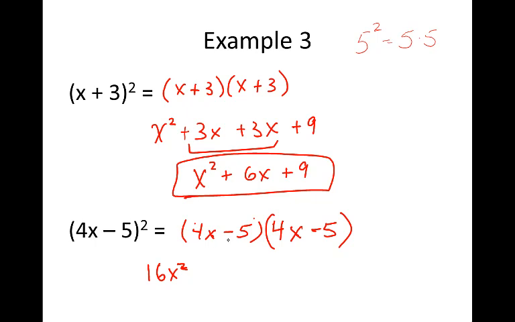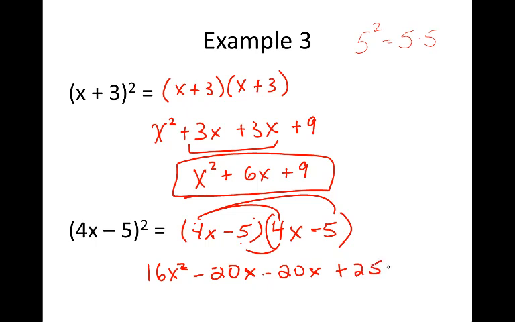And then 4x times negative 5 is a minus 20x. Again, we're just multiplying this out. And then negative 5 times 4x is a minus 20x. Sorry, my pen's kind of dying on me. And then negative 5 times negative 5 is a plus 25. Again, I can combine these two, and I'll get 16x squared minus 40x plus 25.